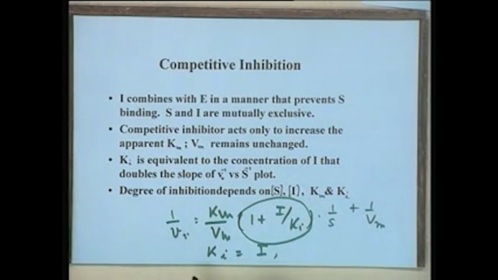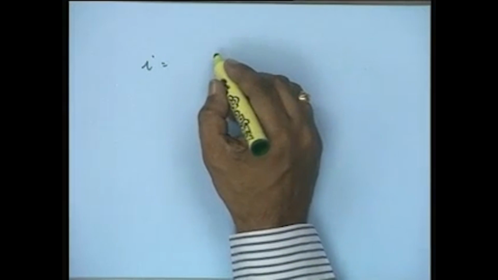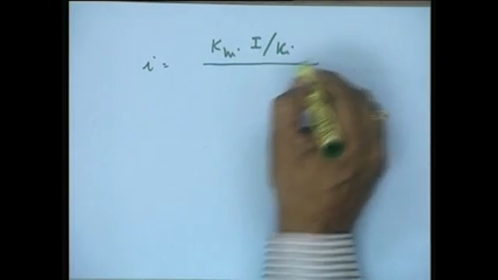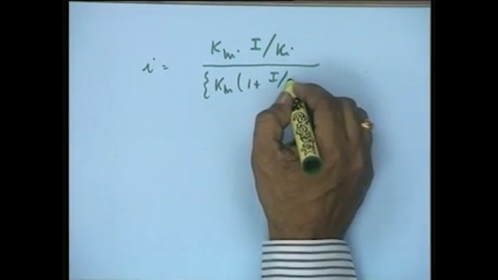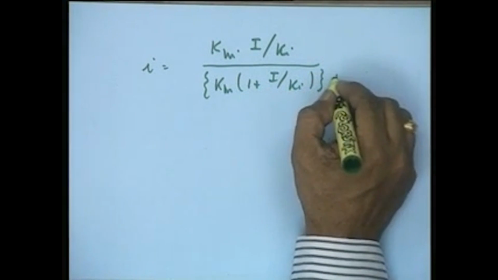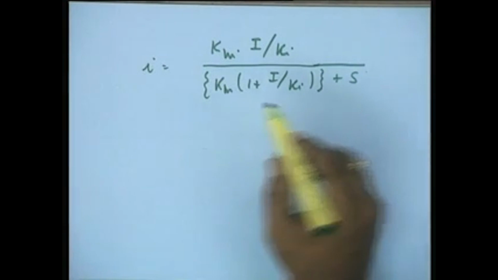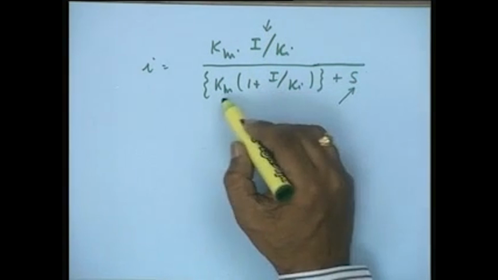Then of course, the degree of inhibition for competitive inhibition also depends upon all the parameters, and the expression for degree of inhibition for a competitive inhibitor can be written as Km into I over Ki, whole divided by Km into (1 plus I over Ki) plus S. So, as you will notice, the degree of inhibition depends on substrate concentration, it depends on the inhibitor concentration, and it depends also on Km and Ki.